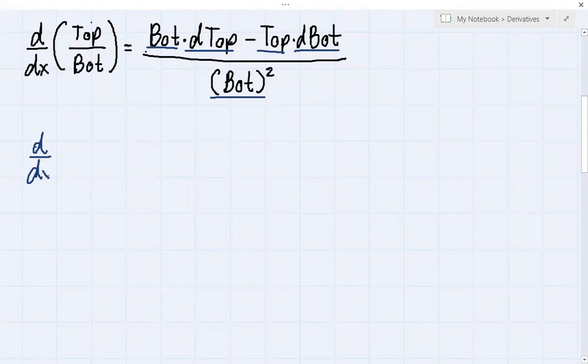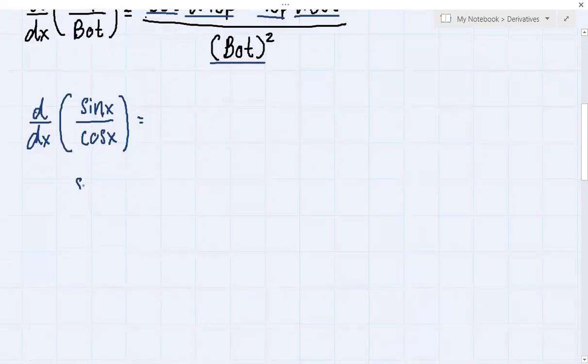So, we have this one. The derivative of sine x all over cosine x. Actually, this one, it's not necessary to use quotient rule dito kasi alam nyo na kung anong gagawin nyo rito. Okay? Why? Remember that sine x all over cosine x.